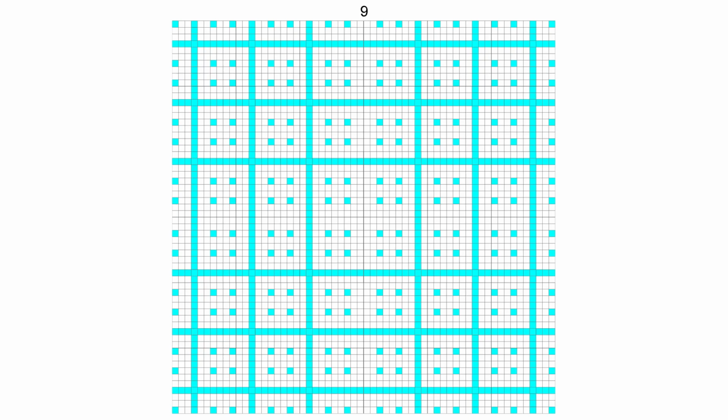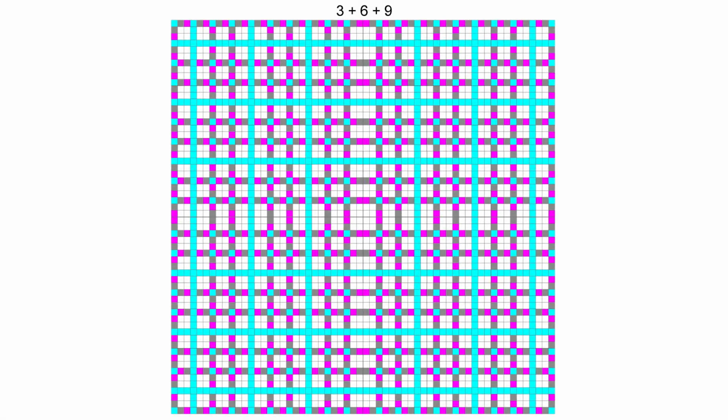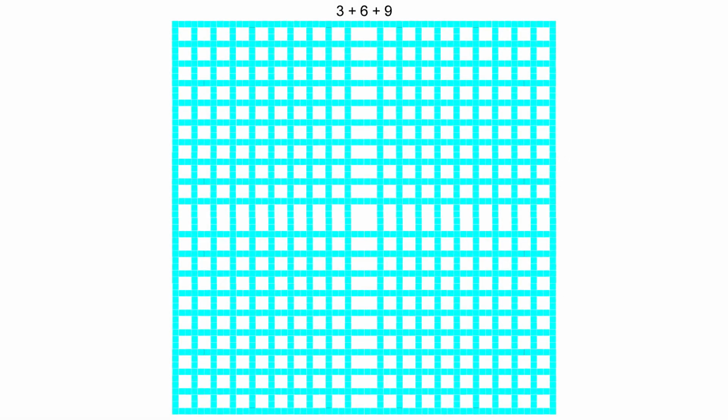When we take the results that reduce to numbers 3, 6, and 9, we see that they have a special relationship with each other. They merge to form a pattern that looks like a multi-layered net, a 3D cage, the matrix.